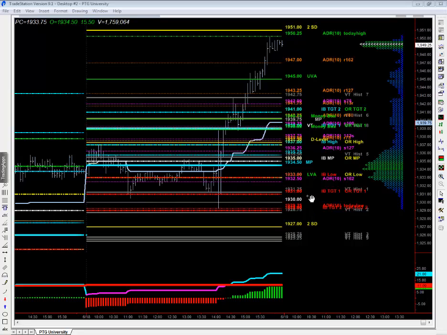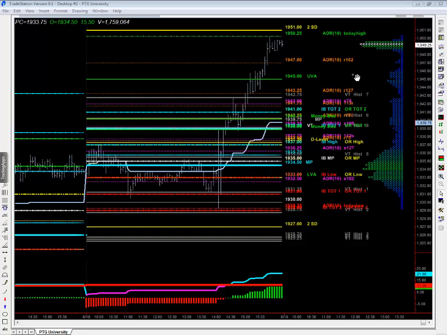I know it can get real confusing for many, and you see a whole bunch of lines and you don't know where's the money box. I can't see the money box. Well, if you can't see the money box, clean up the chart a little bit so you can see what the money box values are. This is meant to be used dynamically by each trader.